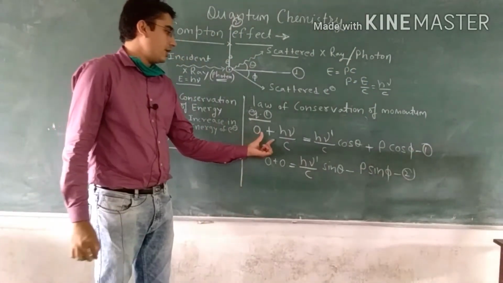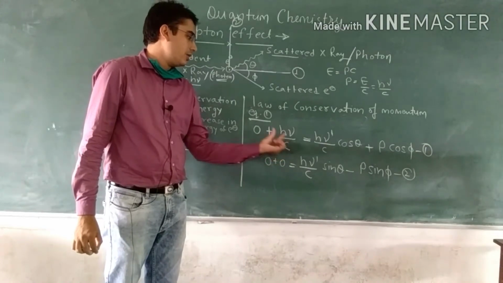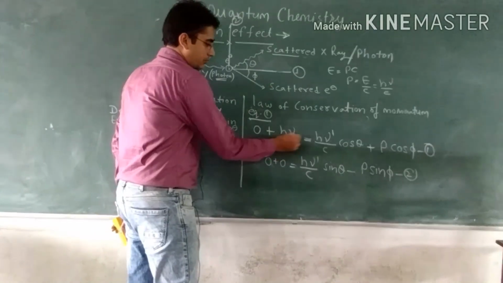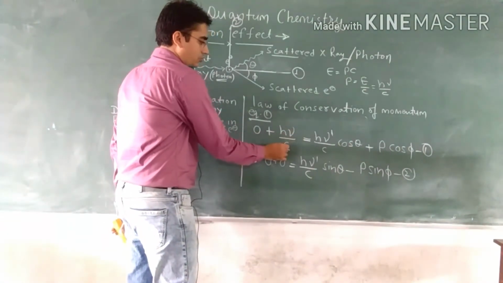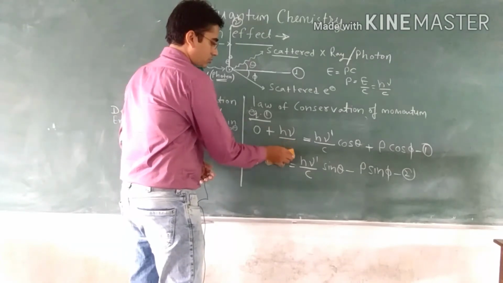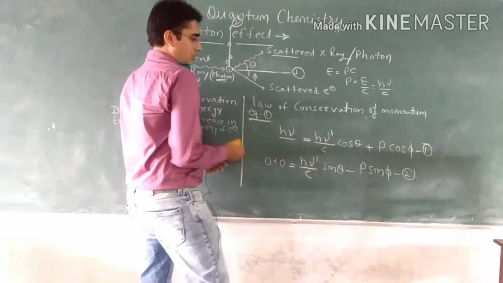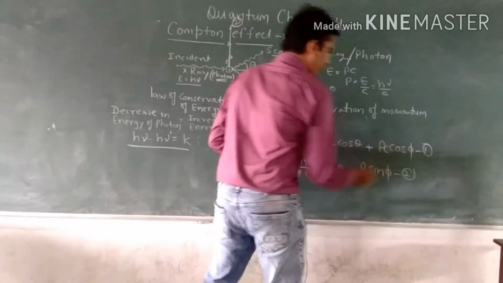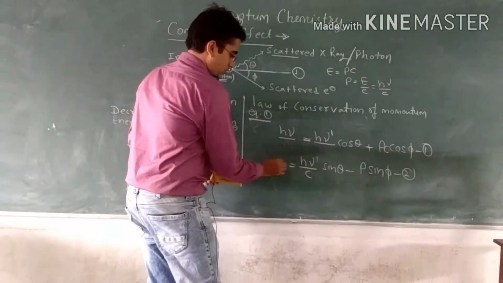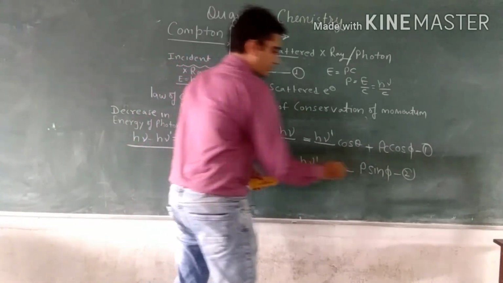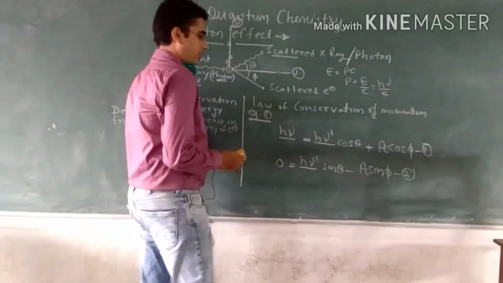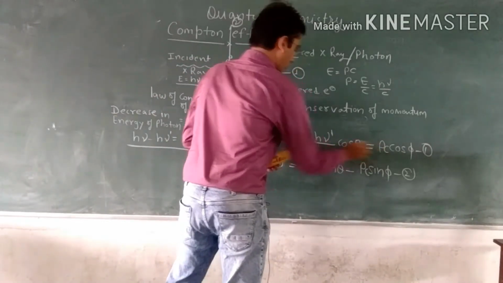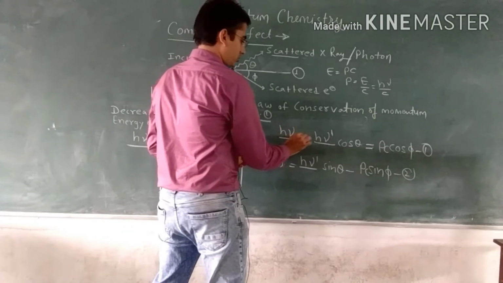Now we multiply both equations by c and rearrange them. If we multiply this by c, then c cancels with c, so it becomes this, and here c is cancelled and here c will come.